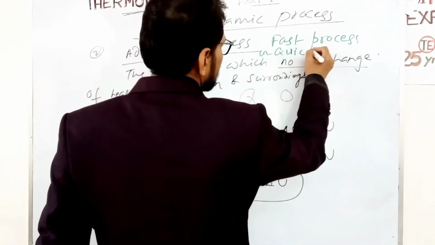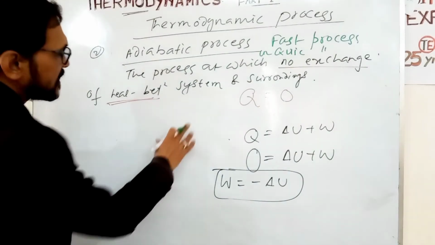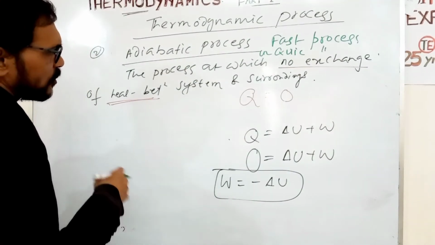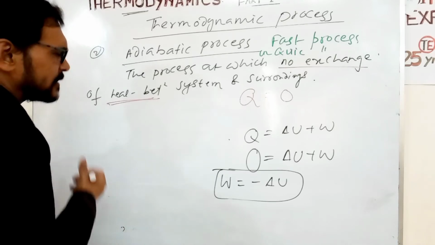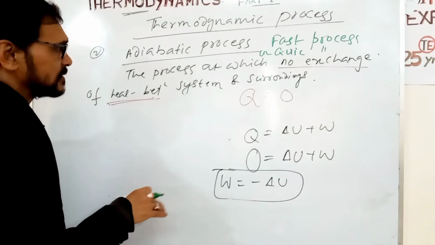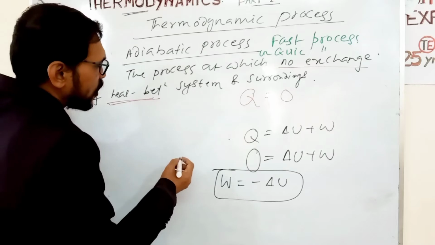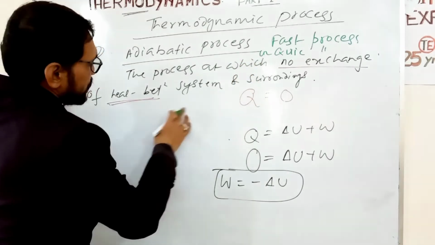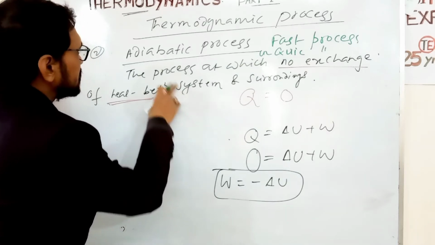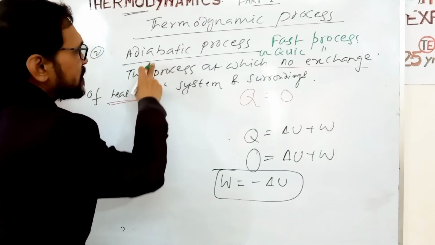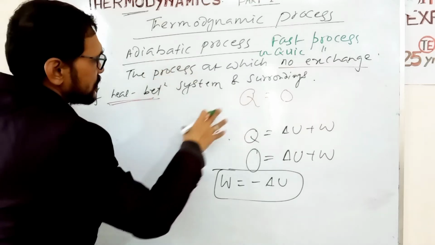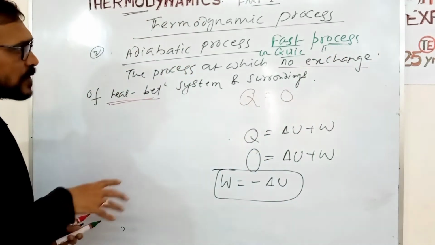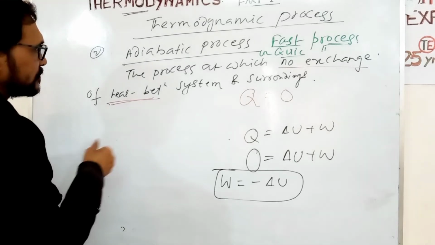Suppose in a thermal flask, water remains hot for 1 day or less than 1 day, but for 10 days or 5 days the water does not remain hot anymore. So if the time is long, the process cannot be adiabatic. For a quick or fast process, it may be adiabatic.